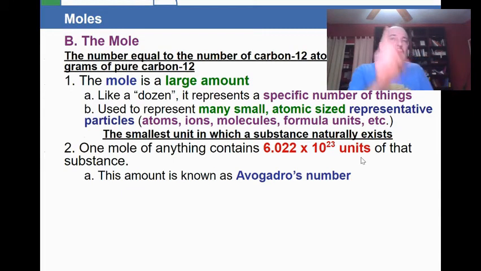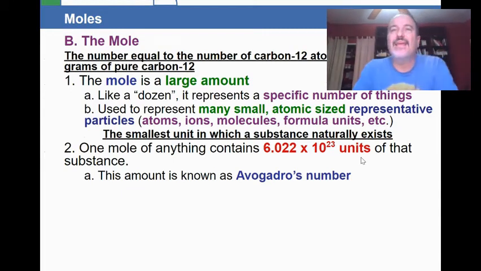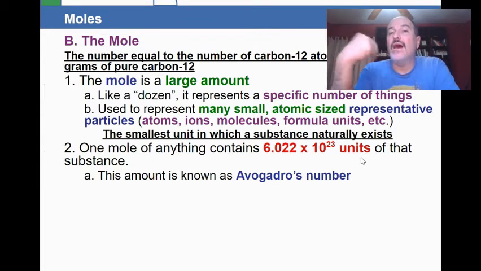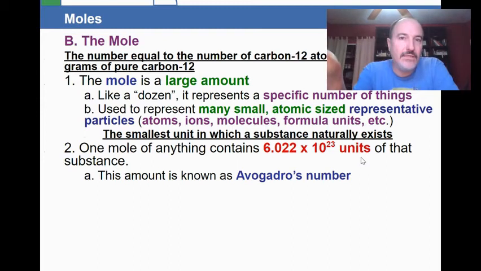But the beauty of this number is if you have exactly that number of U's, of, let's say, protons or neutrons or anything that weighs one unified atomic mass unit, if you have 1 mole of those, then it would weigh exactly 12 grams.